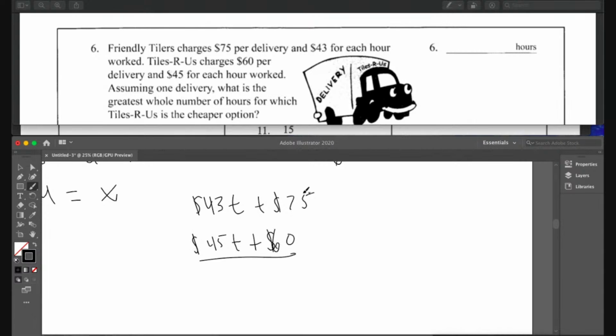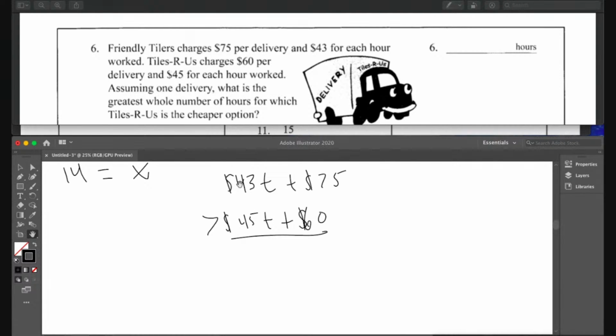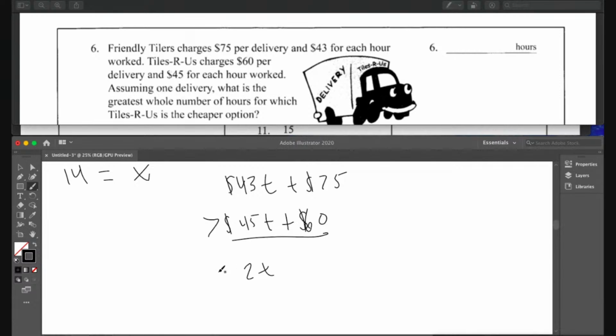So basically we want this one to be greater than, this one to be less than, and we want to find the greatest value of t that satisfies that inequality. So we're going to solve for that. We bring 43t onto this side, so then it would be 2t, and then we bring the 60 onto that side, so then it's going to be 15.